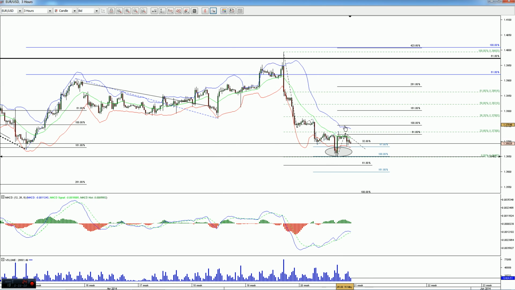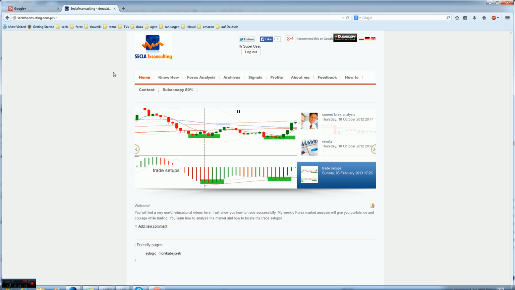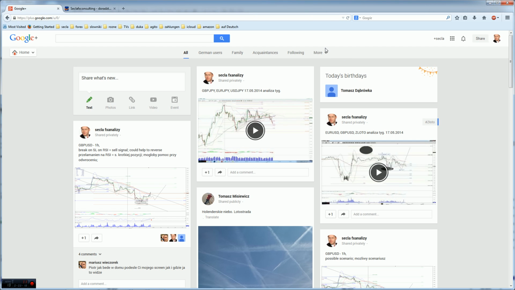And now I think the market is making some correction for this upward move, because this was a 5 waves move I've shown on the Google Plus account. That was shown yesterday morning, I guess. One second.